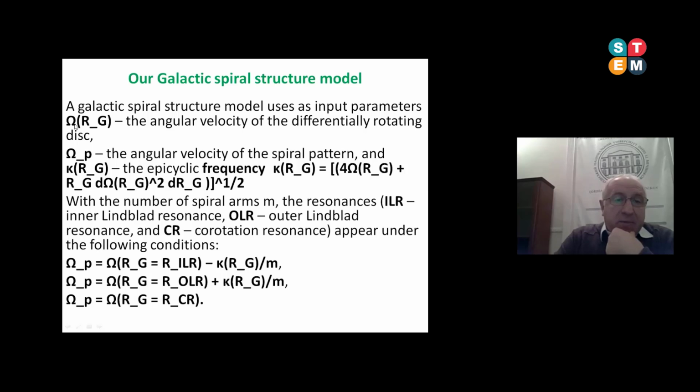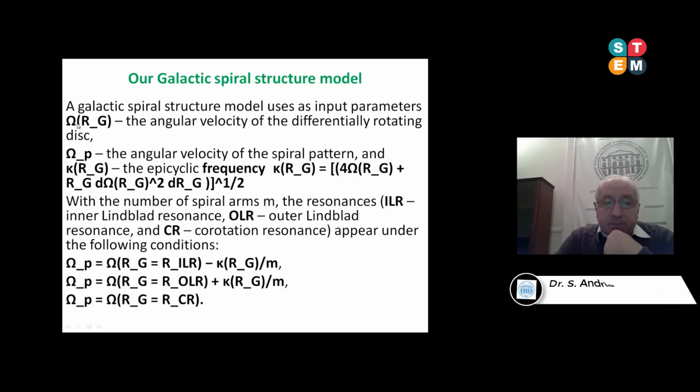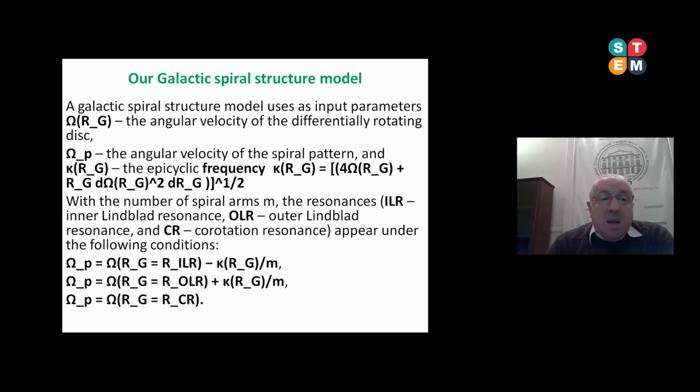First of all, this is the angular velocity of the disk. The disk consists of stars and gas clouds. And the angular velocity of the disk is distributed as a function of the galactocentric distance.